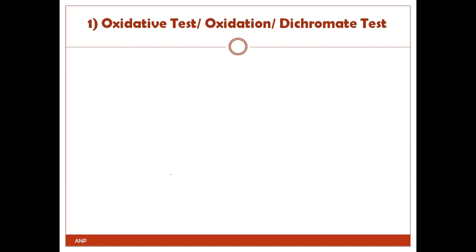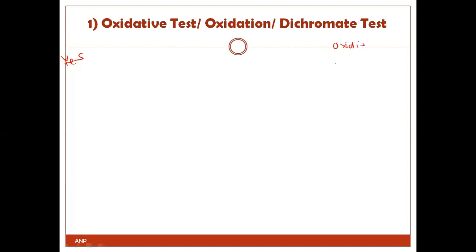Can we oxidize alcohols? The answer is yes. Alcohols can be oxidized, and the nature of the product depends on the type of alcohol and the conditions of the reaction. As this is an oxidation reaction, we want some oxidizing agents.